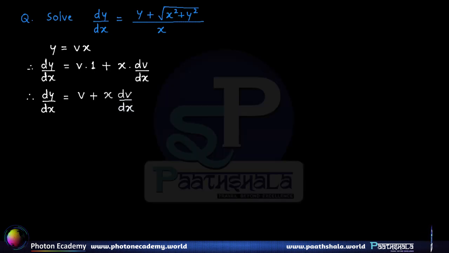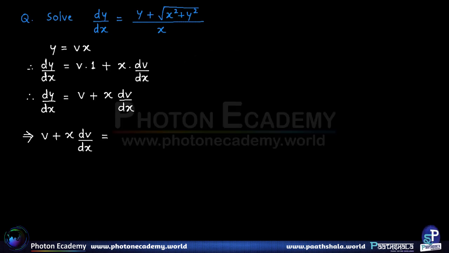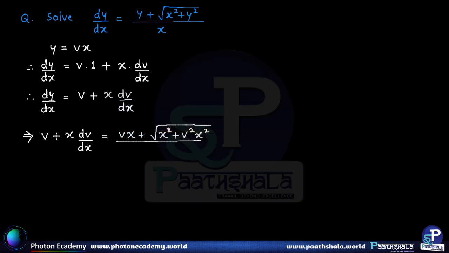So therefore we have, now in the given equation we have dy by dx on the left hand side. So let us write it as v plus x dv by dx as we have just obtained is equal to, on the right hand side y will be replaced with vx plus square root of x square plus y square, which is nothing but v square x square by putting y equal to vx, whole upon x as it is.